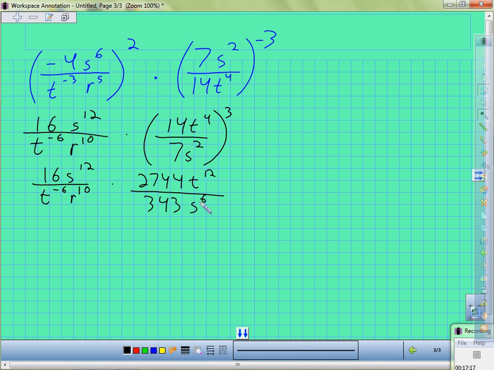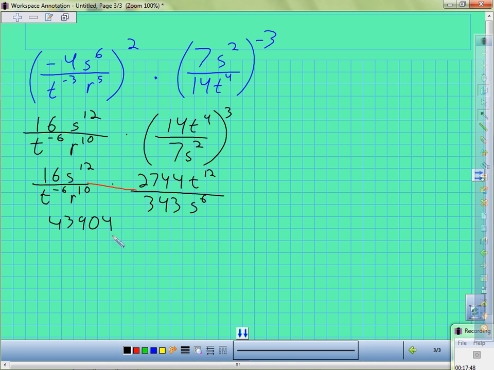I can do a handy little step here, and that handy little step is to not cross multiply, but multiply straight across. I just connect those on the same line. So, I've got 16 times 2,744, big number, 43904.